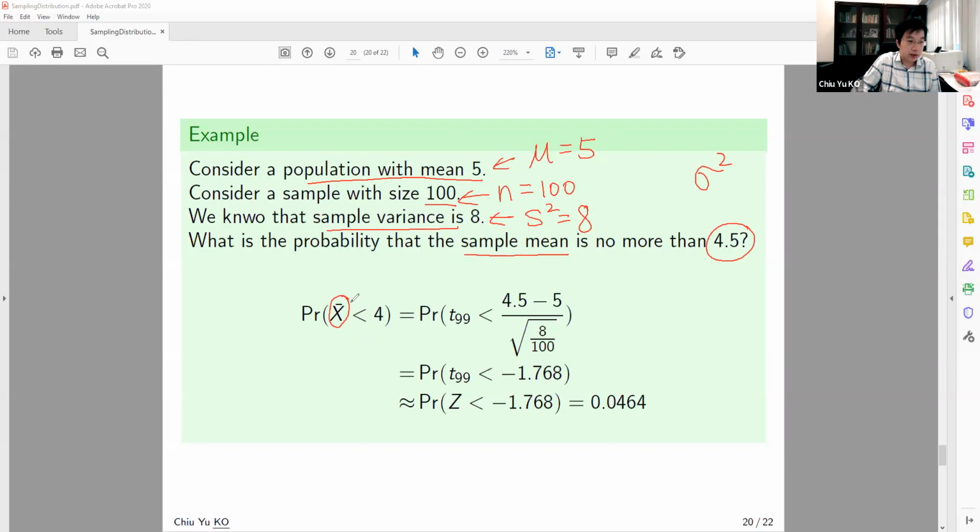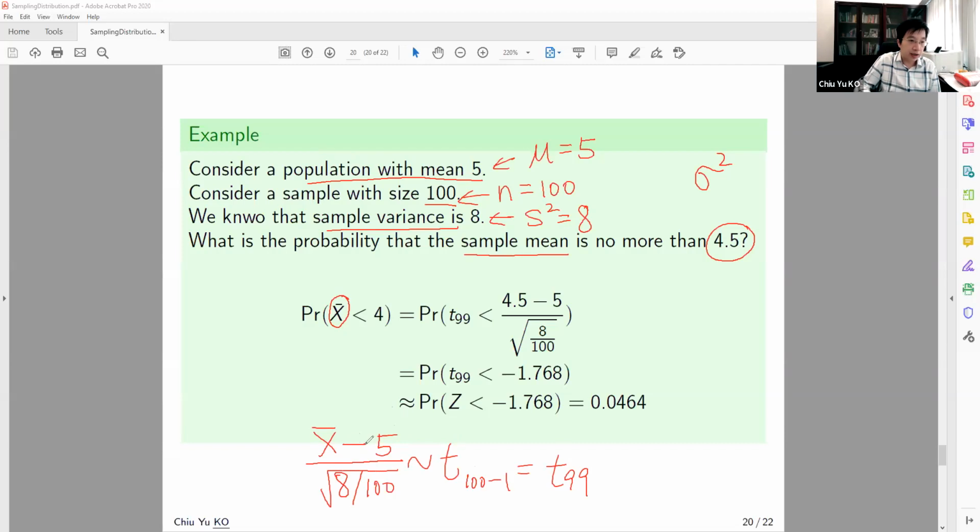We will say X bar minus the mean, this sample mean, which is 5, divided by the square root of 8 over 100, will follow the T distribution with 100 minus 1 degrees of freedom, which is T99.